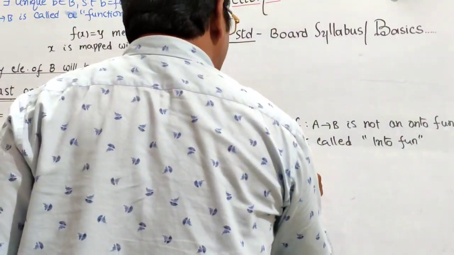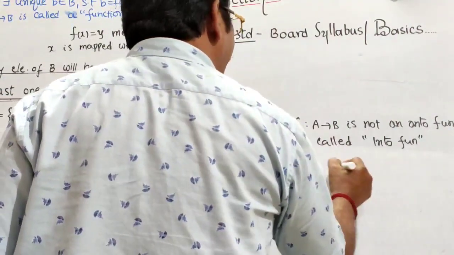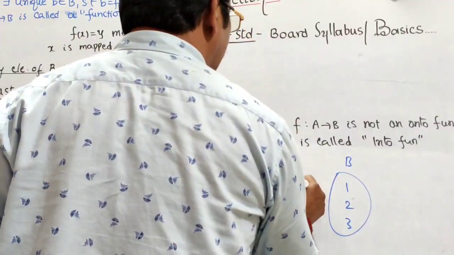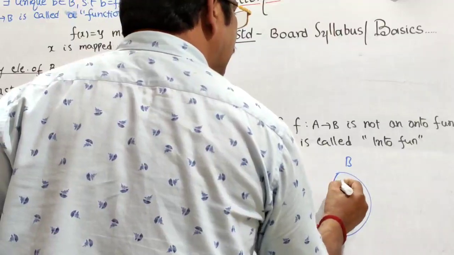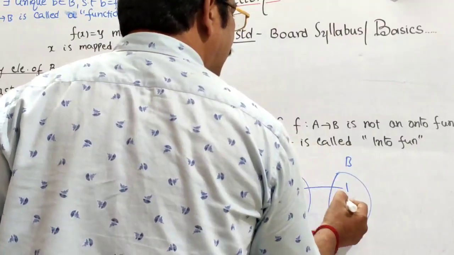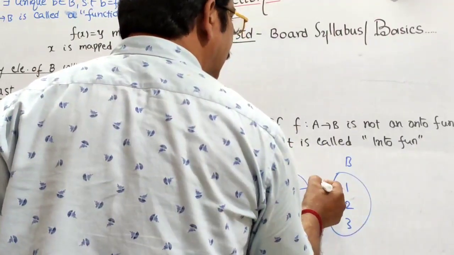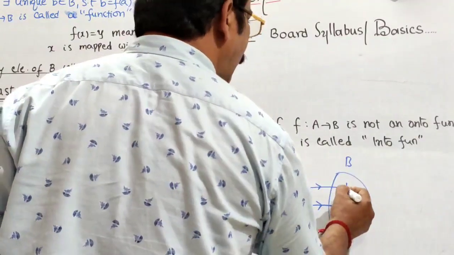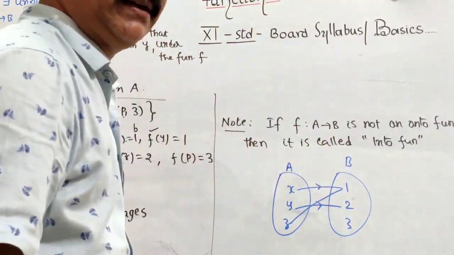Okay, let us take one example. Capital A, capital B, 1, 2, 3, X, Y. For example, I will take like that. Next, we can take Z also. Understand?